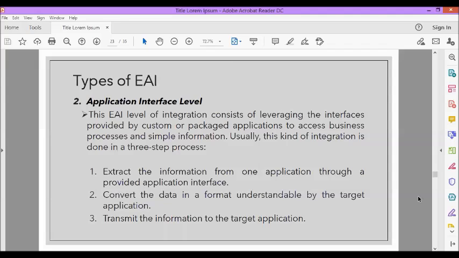First is to extract the information from one application through a provided application interface. Second is to convert the data into a format understandable by the target applications. And third is to transmit the information to the target application.